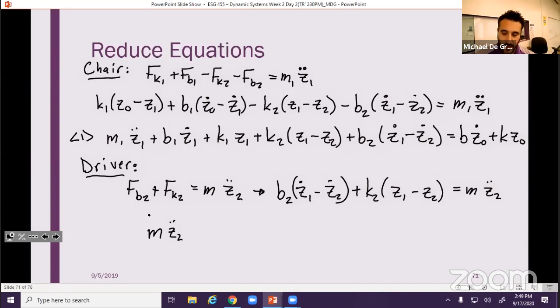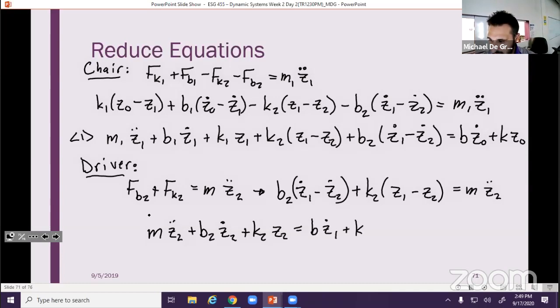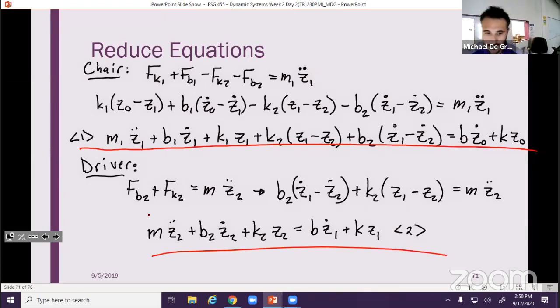But I like the way that it looks with Z2 on one side and Z1 on the other. And there it is, right? That's the guy.